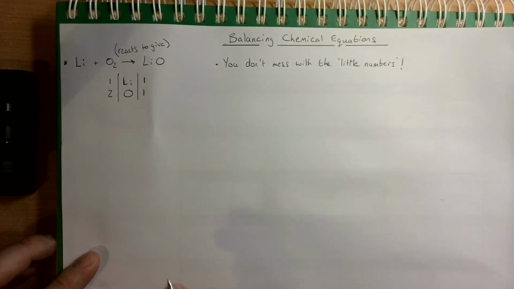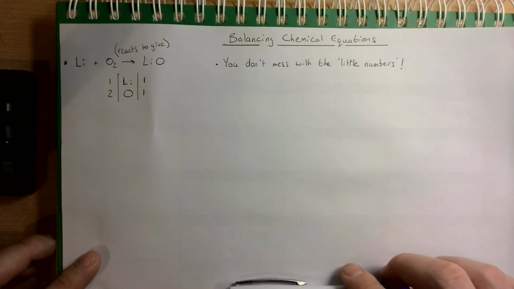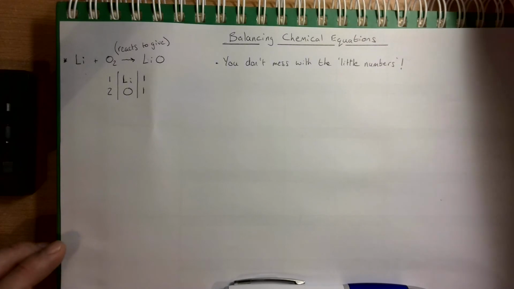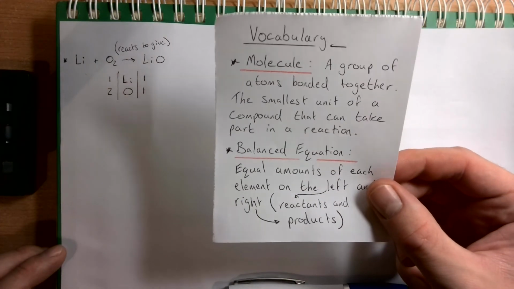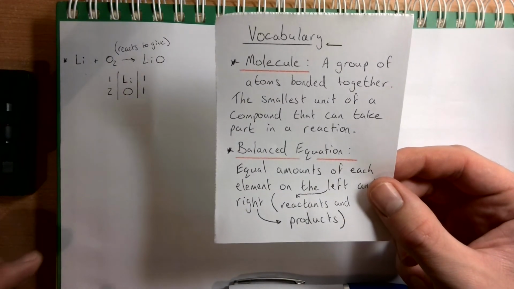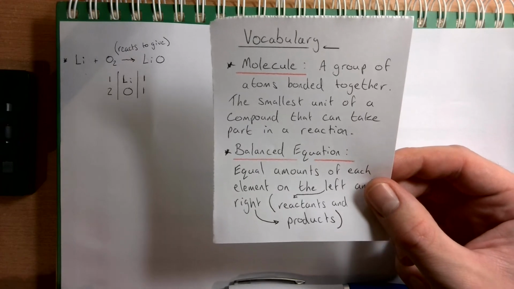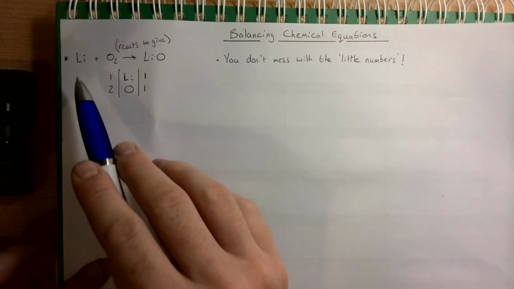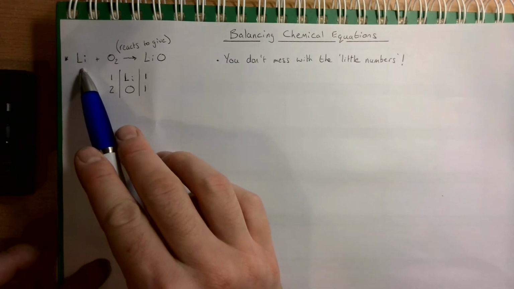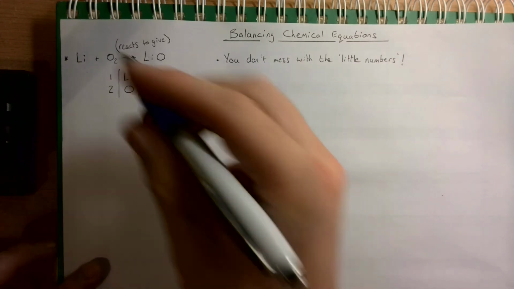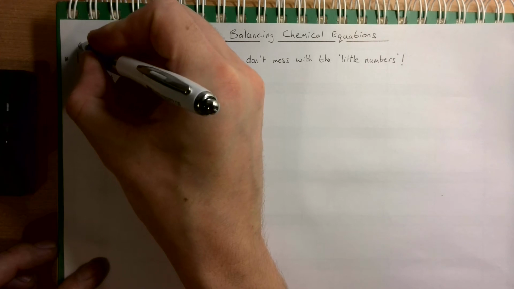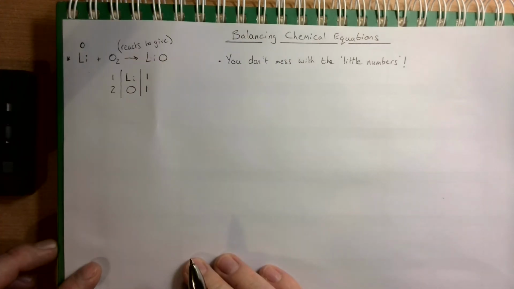Now, the little numbers tell you how many atoms are in each molecule. A molecule is a group of atoms bonded together, the smallest unit of a compound that can take part in a reaction. So, in this lithium here, there's just one lithium. So maybe I would draw it just like that, a little particle of lithium.